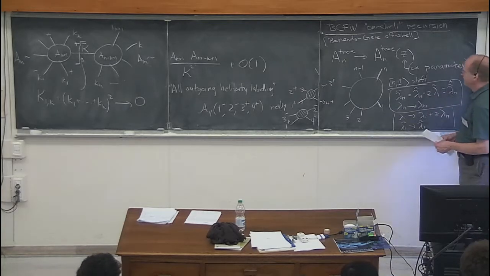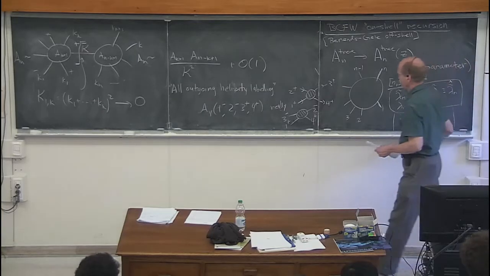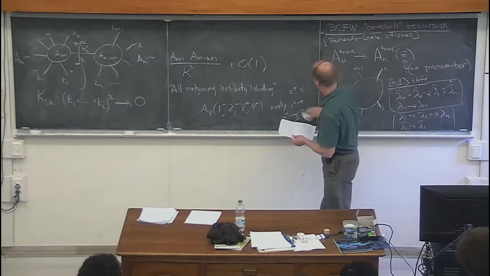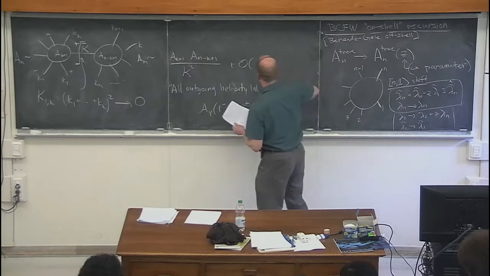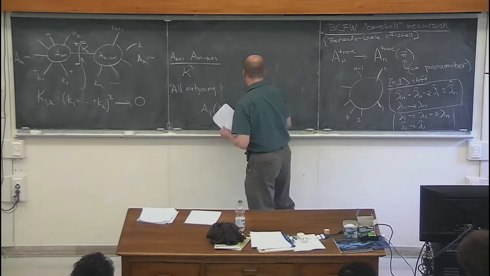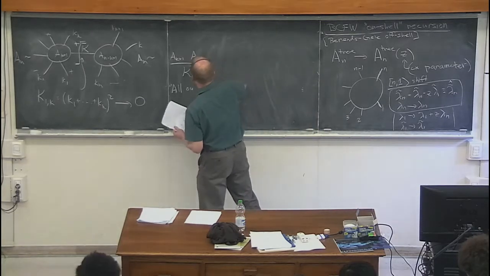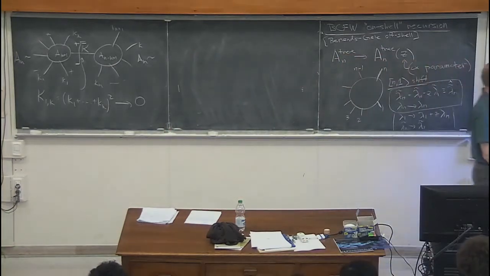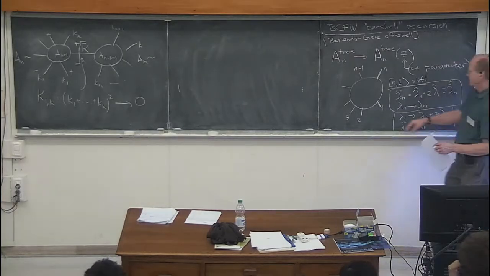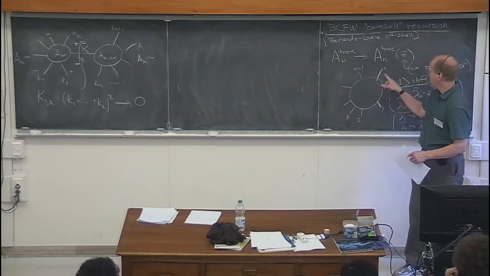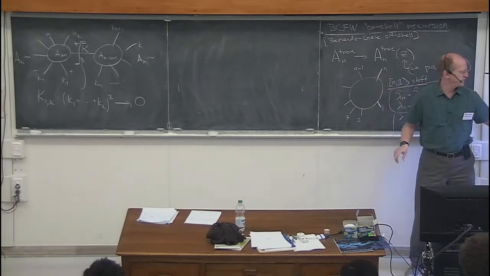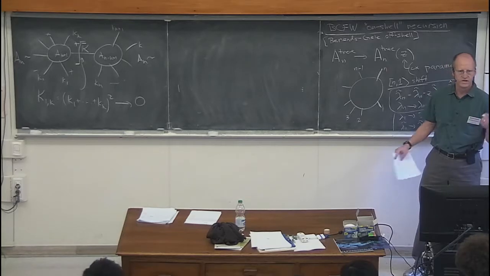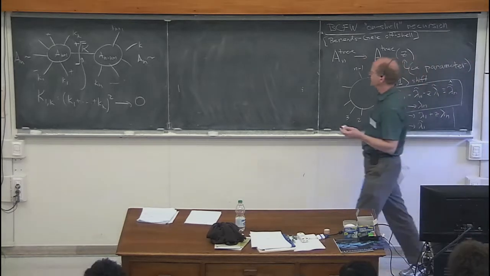Now, notice these are linked in a particular way. Why are they linked? That's for momentum conservation. Remember, momentum conservation says that the sum of all these lambdas times lambda tildes is 0. We didn't touch any of these guys, so we better make sure that the contribution to momentum conservation from legs n and 1 stays the same.